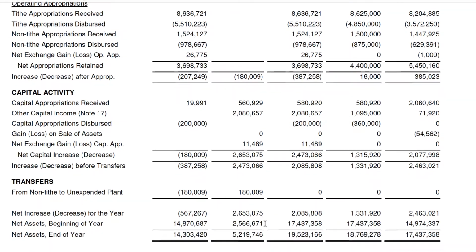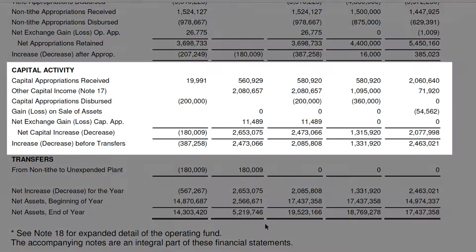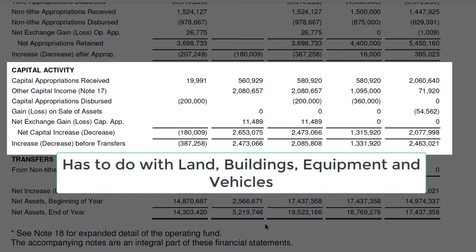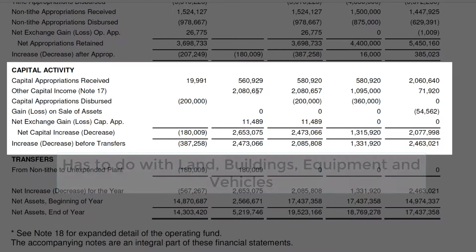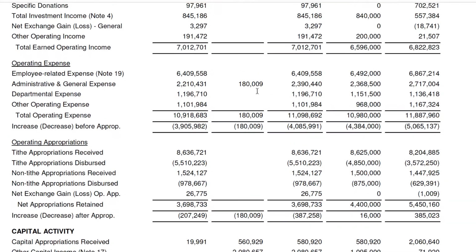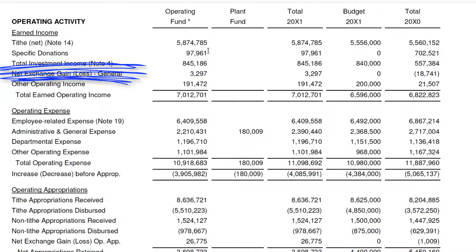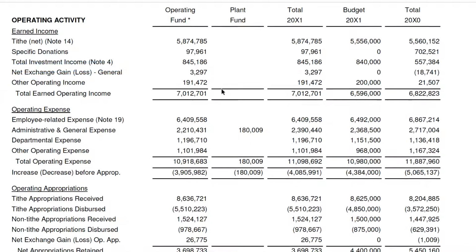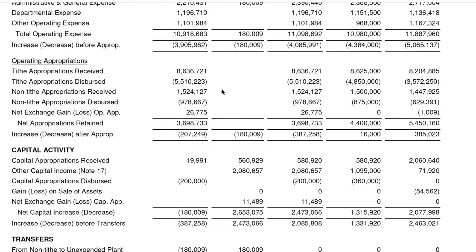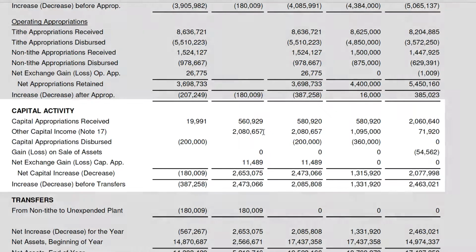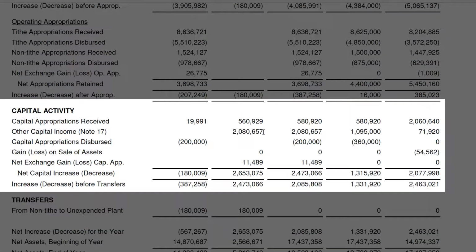The capital activity has to do with our buildings. Here we've received money for buildings. We had other capital income, which could include donations toward our building fund. Remember, these were operational donations up here under operating activity. But if someone donated money toward our new building, it gets shown down here as capital income.